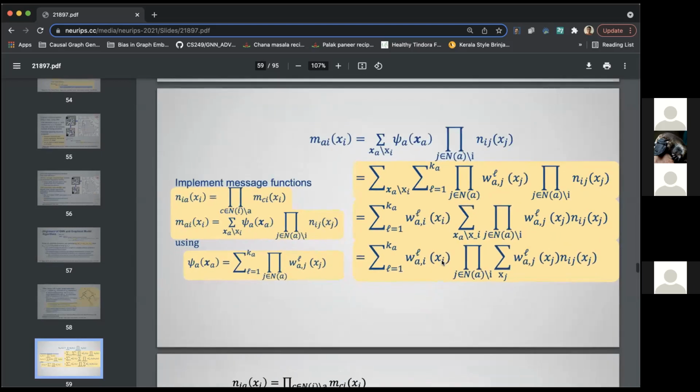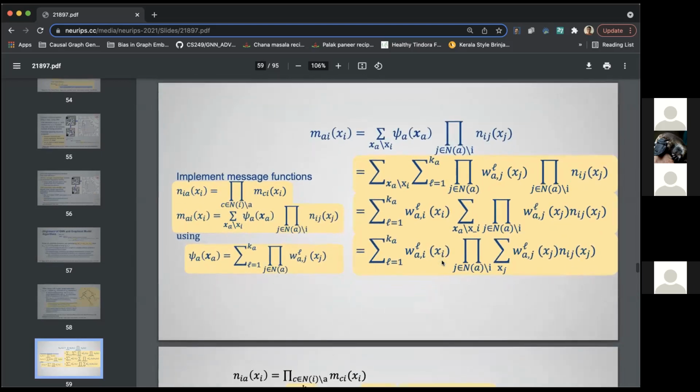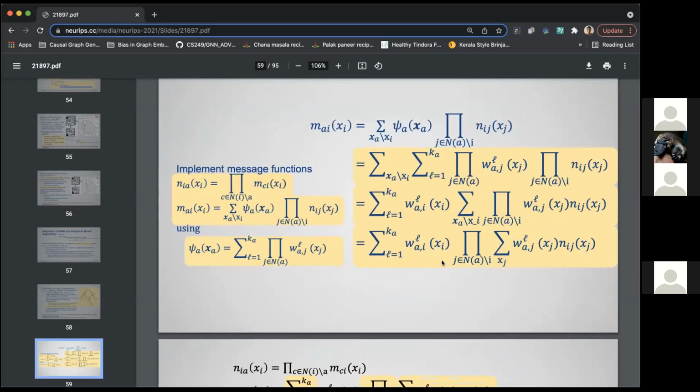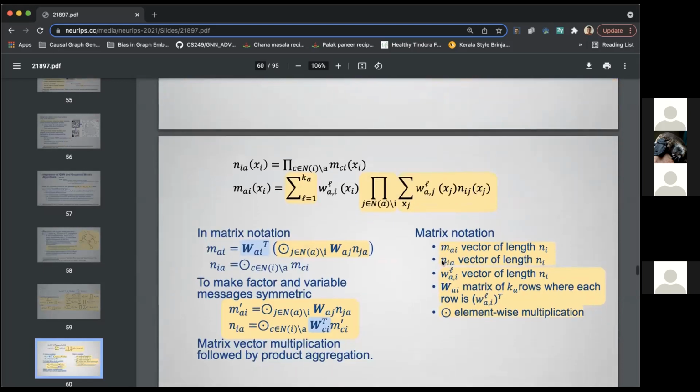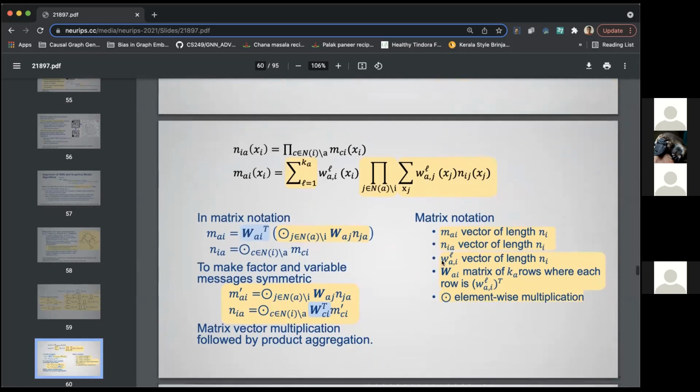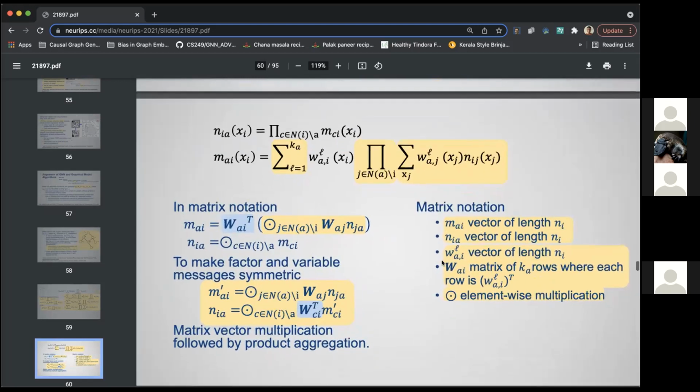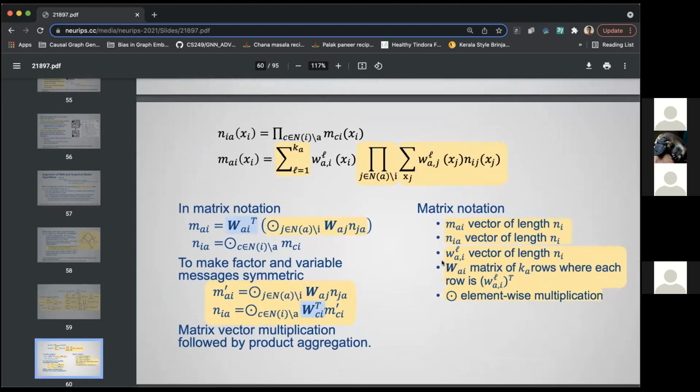Definitely take a look at the slides if you're interested in learning more about this. With this low rank tensor decomposition, we can rewrite message passing with potentials that take as input more than two random variables in a very compact way.